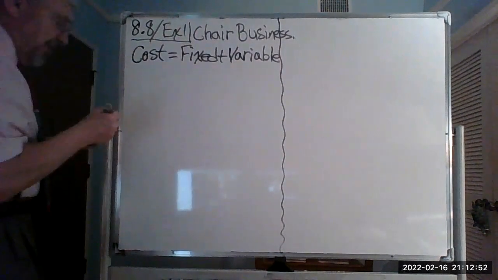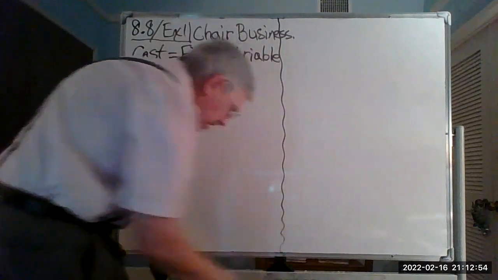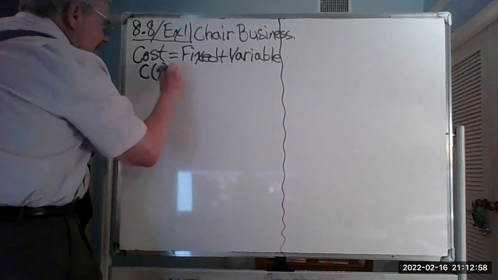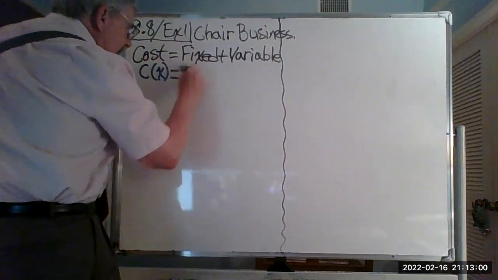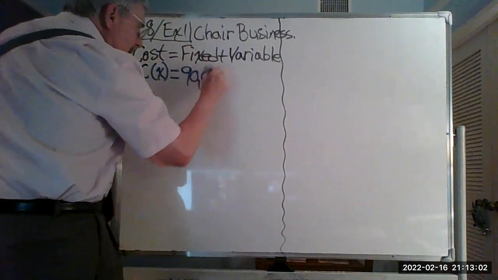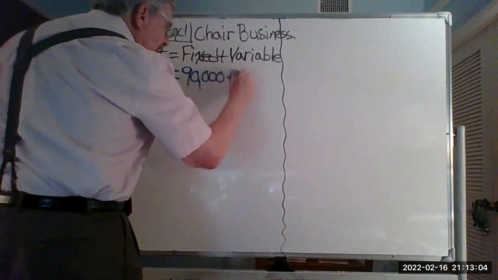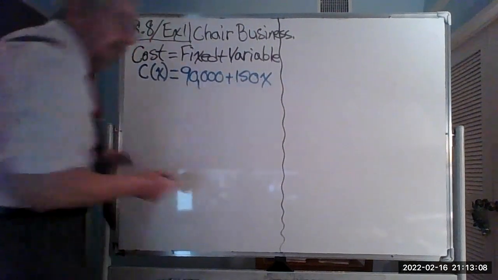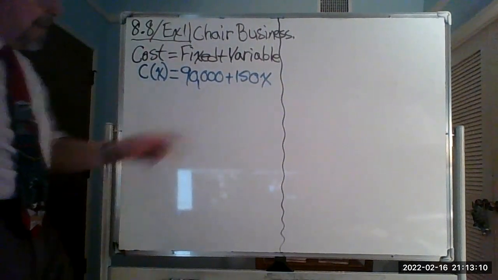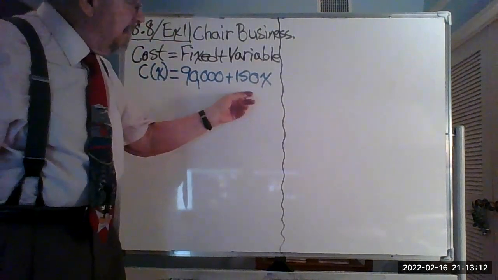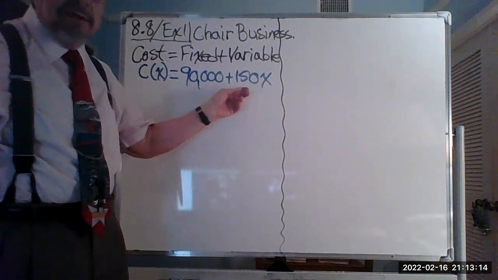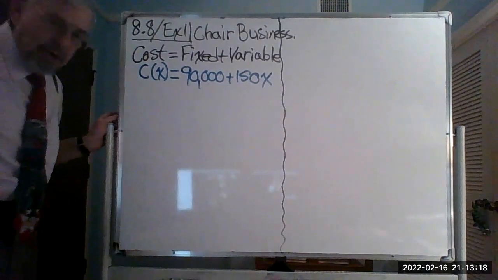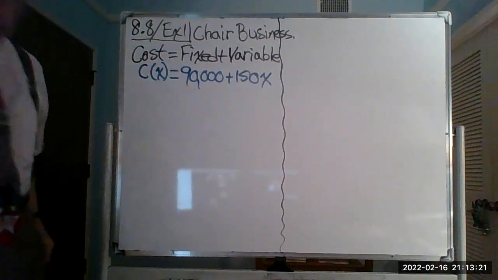The variable is $150 per chair. So C as a function of X is equal to 90,000 plus 150 times X. $150 times every chair that I make. So if I made 100 chairs, that would be $15,000. So 90,000 plus $15,000 would be my total cost. Okay, so they gave me that.